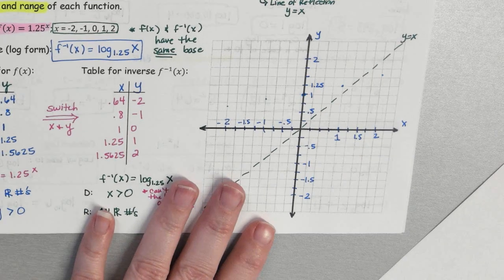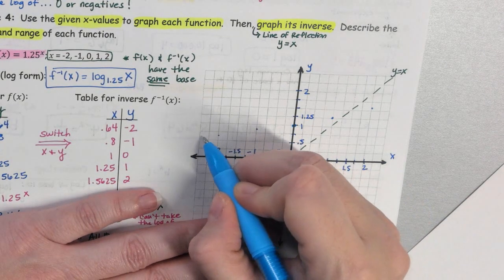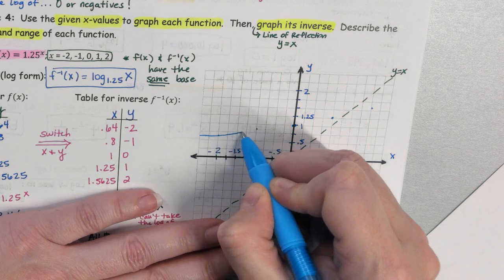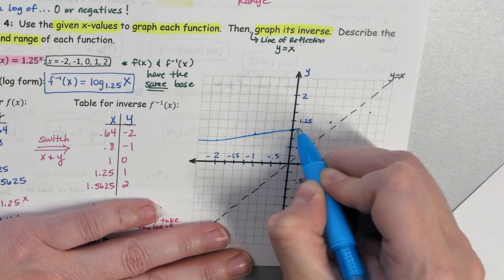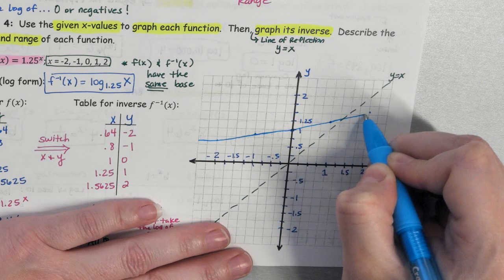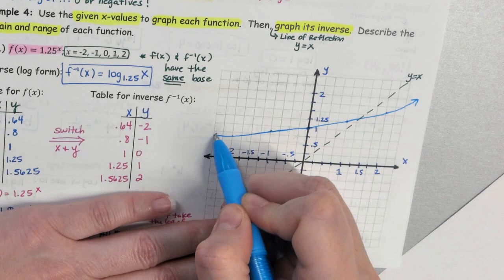And then remember, when you connect your points, you're connecting them with a what? Yes, a slight curve. Good. Yeah, we did these with straight edges yesterday. For exponential, it is going to be a slight curve. And so I'm just going to show that that's going to continue going up.